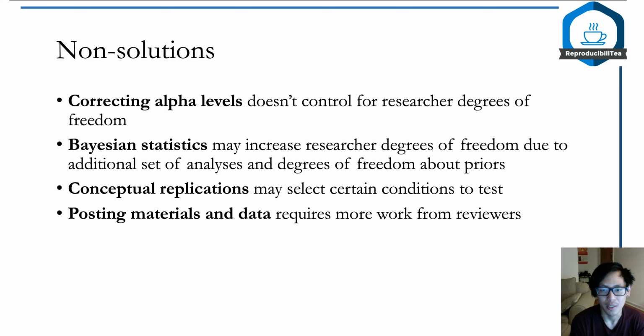They can choose to run a Bayesian analysis as well as a frequentist analysis. So it's just another additional set of analyses to run. And the priors that go into a Bayesian analysis also open up chances for researchers to make decisions. So that opens up more degrees of freedom for researchers to potentially find a false positive where there should not be one, where there should be no effect.